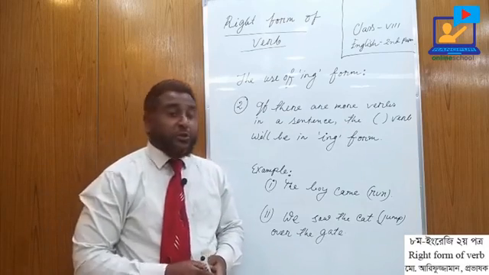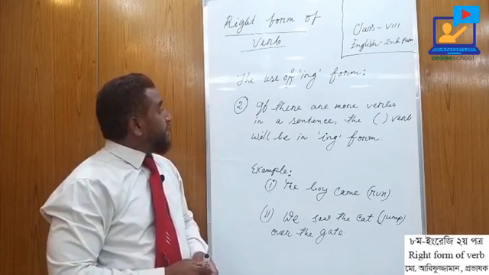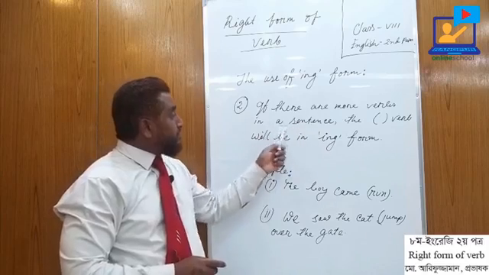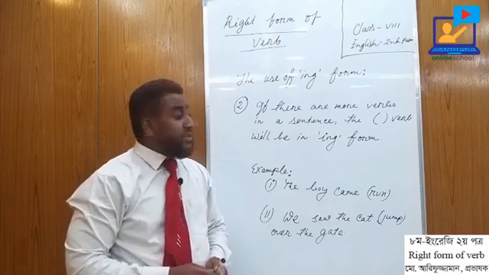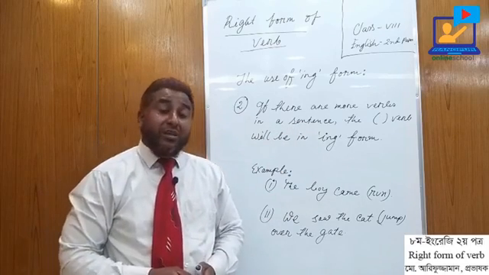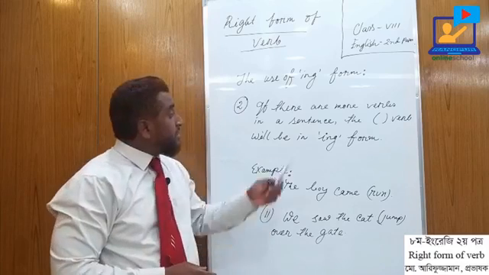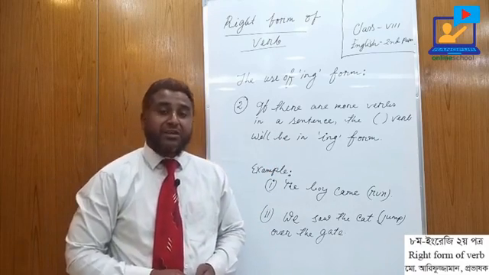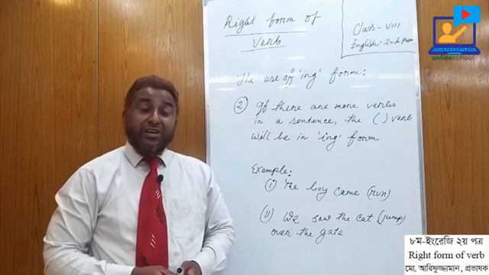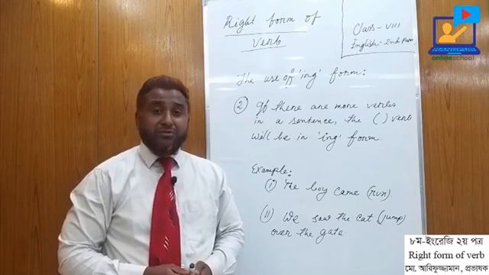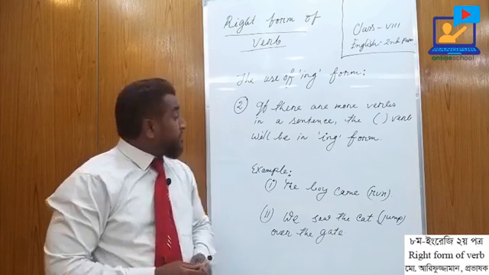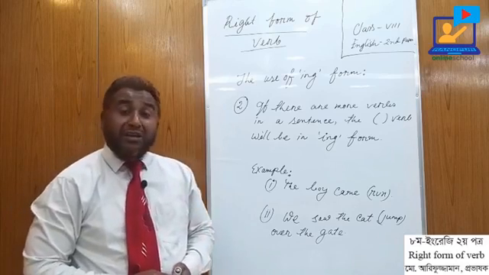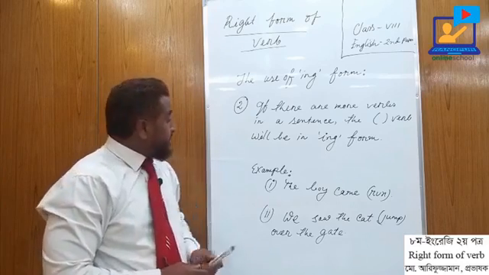We come to rule 2. If there are more verbs in a particular sentence, we can use more than one verb. The bracket verb will be in ing form. Let's see examples.